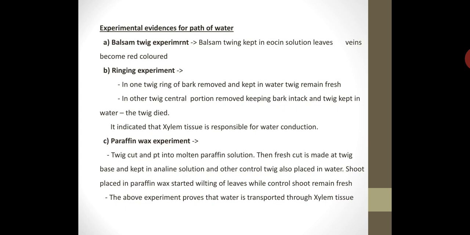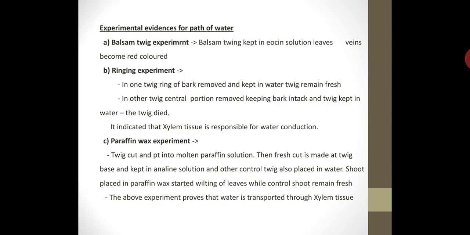After about an hour, it is observed that the first twig, in which only the bark was removed, was fresh, while the second twig, of which the central xylem tissue was removed, got wilted. Why did this happen? Because we removed the xylem tissue, the water from the medium could not get absorbed due to absence of xylem, so the leaves got wilted.